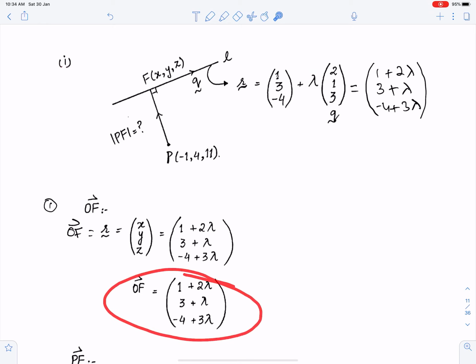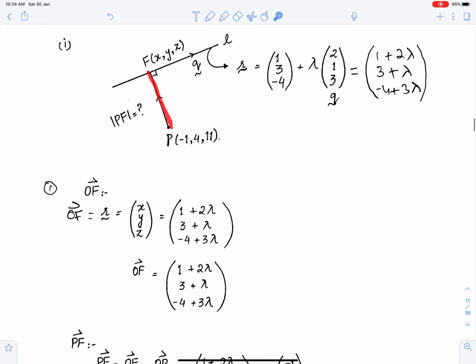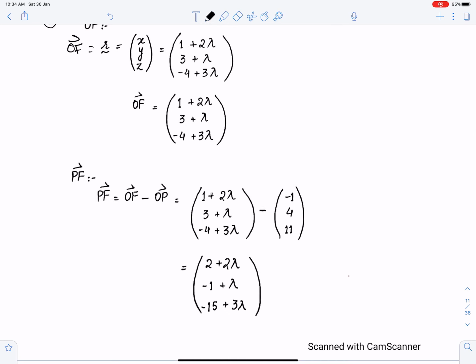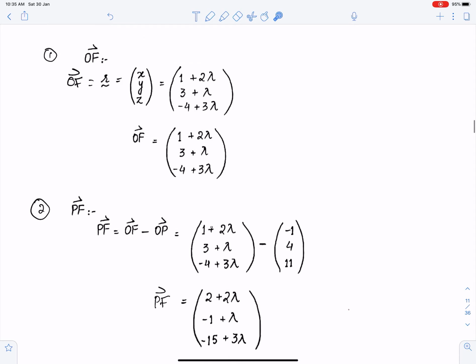Number two, work for PF, vector PF. This is PF, OF minus OP. So this is vector PF in terms of T or lambda. This is the scalar multiple. We can have T here, lambda here, mu here, or anything else.